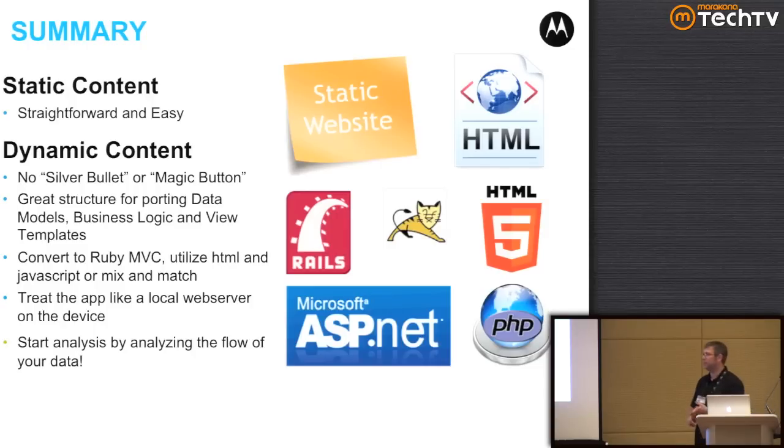You can take some of your business logic, put that in static HTML and JavaScript, or you can take some of your business logic and put it into our Ruby MVC framework, or pieces of both. Now, it's one of the great things about our framework. It's very flexible. You have a lot of options in terms of how you want to do that. Treat the app like a local web server on the device, and first and foremost, start your analysis by analyzing the flow of data in your application.